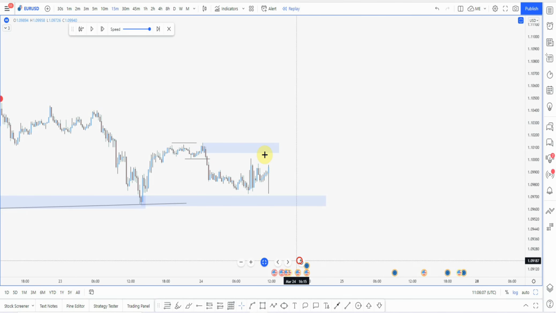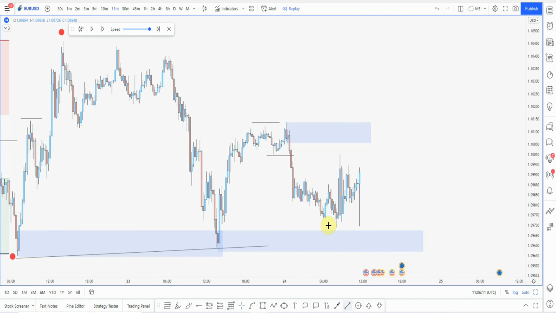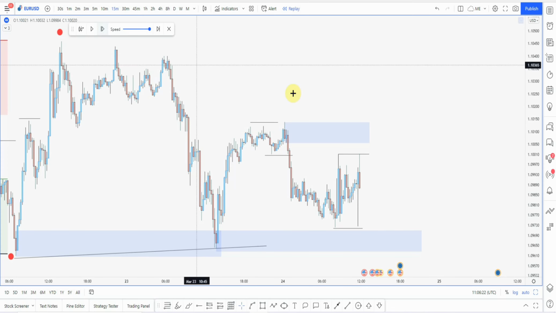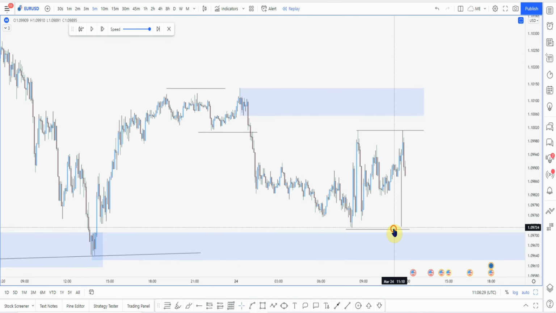Okay, I said here is liquidity to the downside, also this is liquidity. You see, the market builds liquidity on both sides.